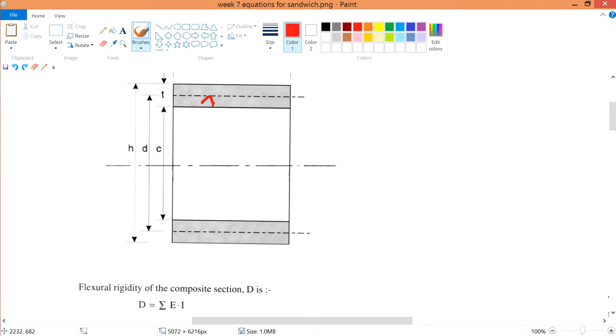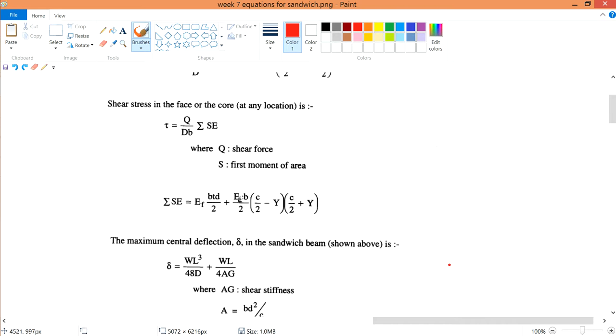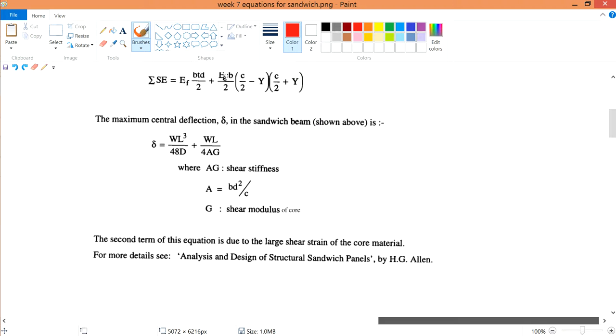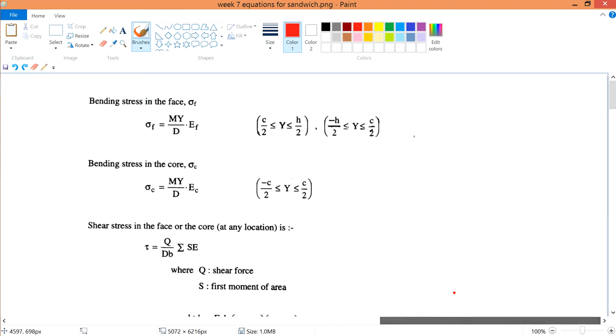So this distance, the shaded region, the middle part of the shaded region, which we previously called C in the solid beam, is now D. From the neutral axis it is D over 2, because this whole thing is D. So D over 2 is this one. So for you to just go around and check out the equations and see the relationship between them, so that when revising it is pretty much easier for you to understand, I believe.